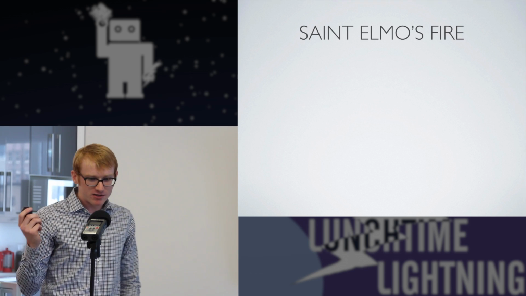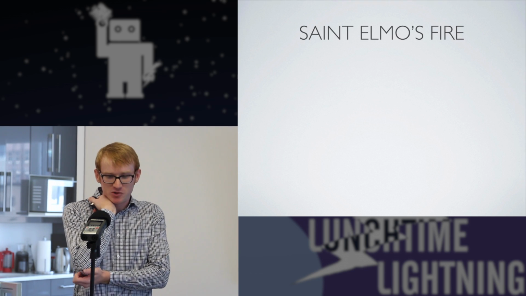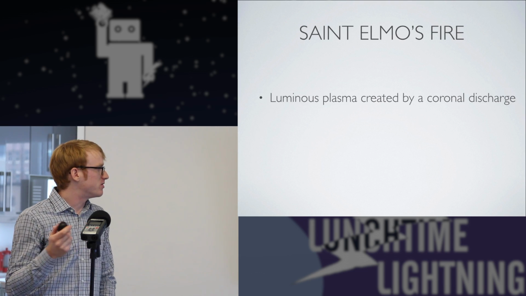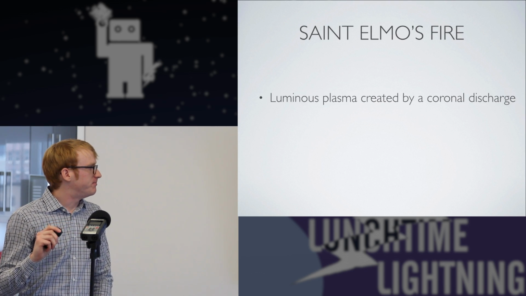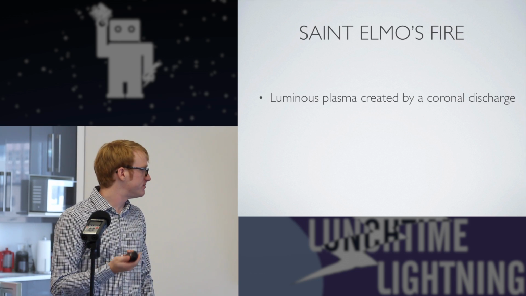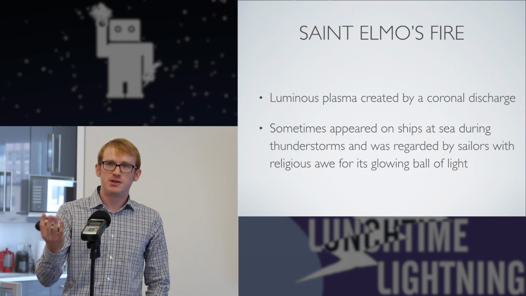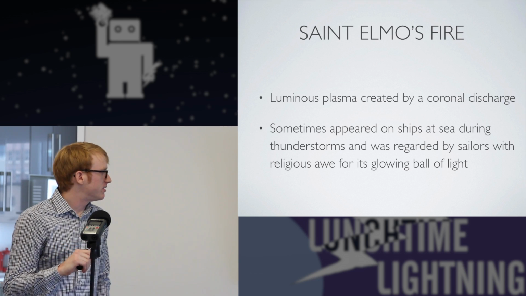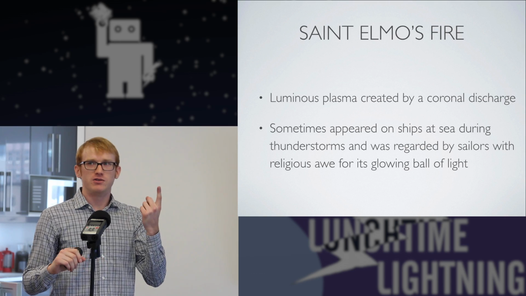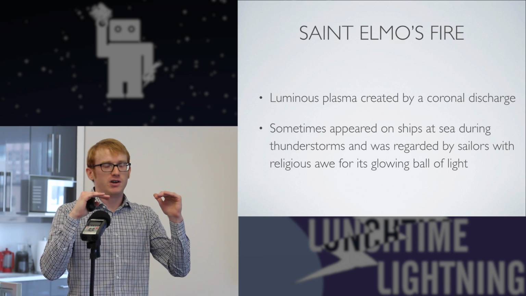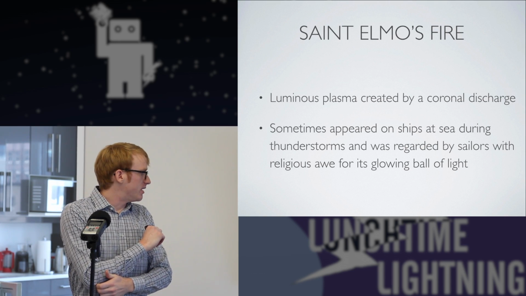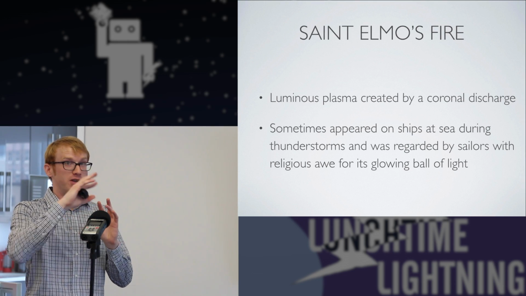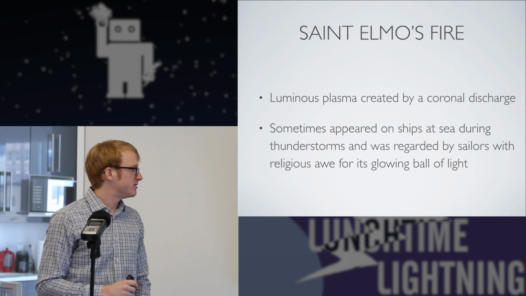So, St. Elmo's Fire is more than just an 80s movie, I learned. It is a type of corona discharge that sailors would observe on ships. They would see these ships coming at them through a lightning storm, and the tall masts would act as the electrodes coming through the negatively charged clouds, and they would actually see these great blue glowing masts coming off of the top of the ships.